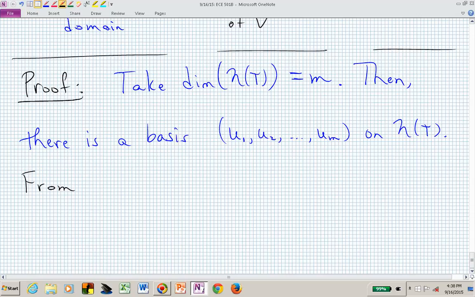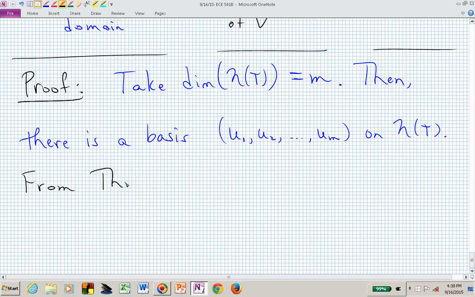But that null space of T is not necessarily the complete size of our domain, is it? Think back to our linear map before. Our domain was 3 dimensional, and our null space was 1. So in that case, m was 1, and the size of the domain was 3.